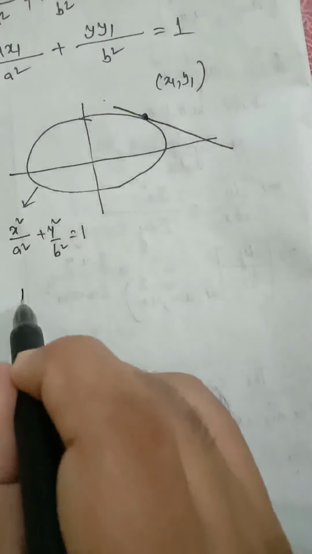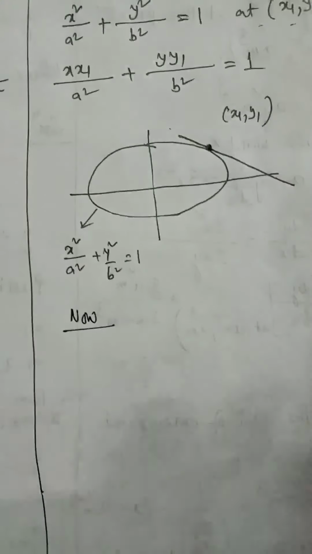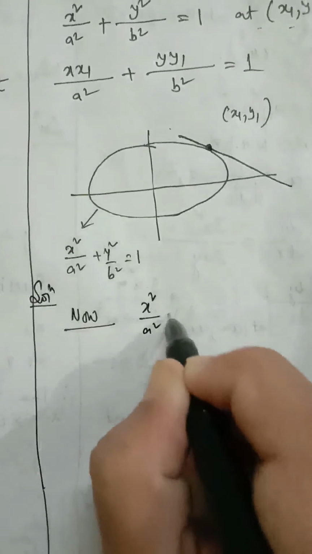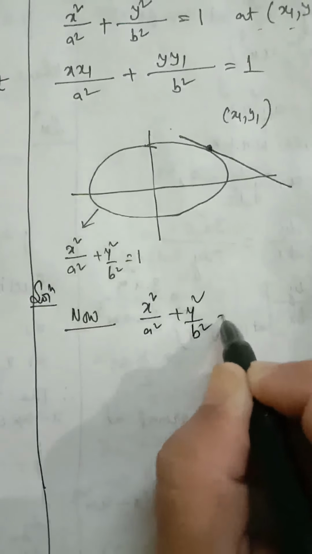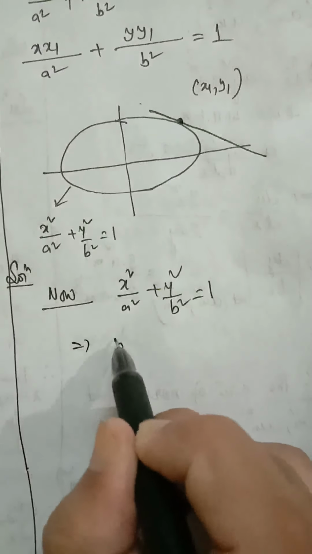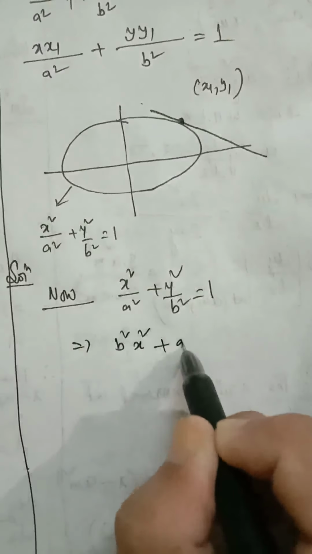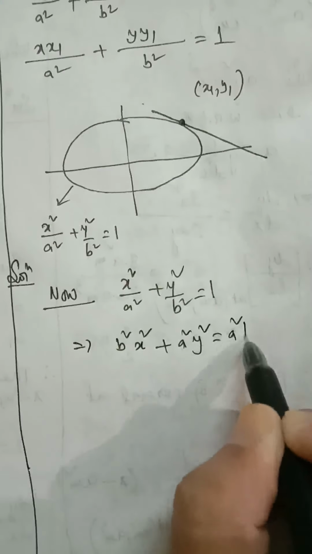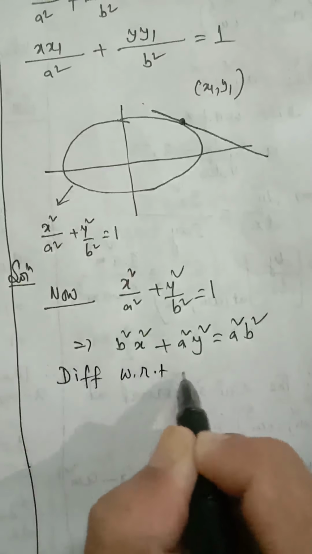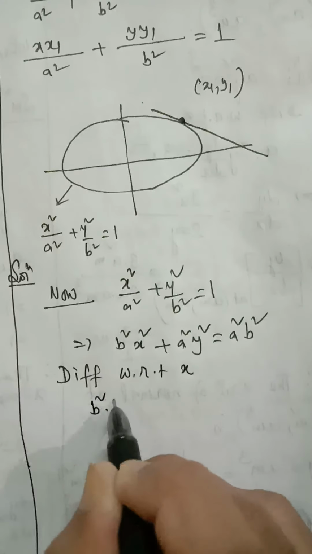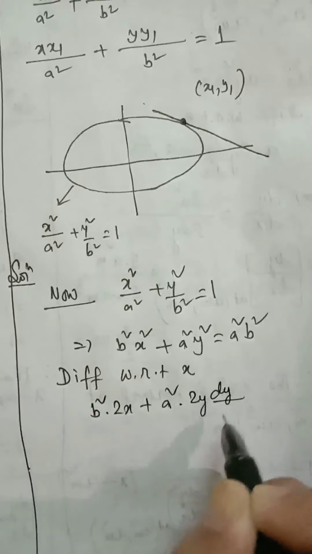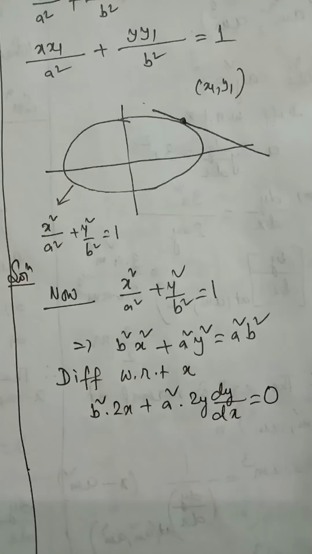Now the given curve is x square by a square plus y square by b square equal to 1. We have to find the equation of tangent to this curve. So first of all, taking LCM, b square x square plus a square y square equal to a square b square. Differentiating with respect to x, b square into 2x plus a square into 2y dy by dx is equal to 0.